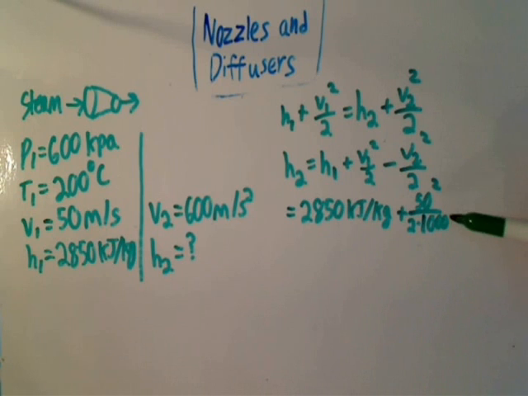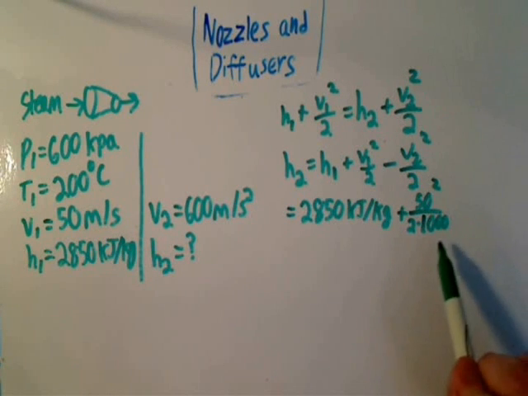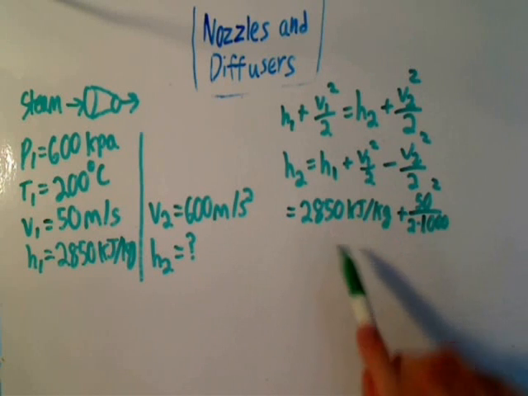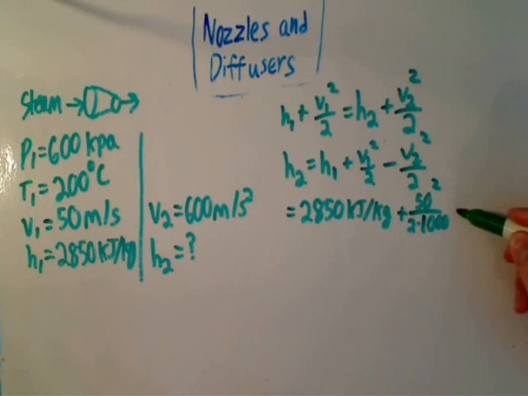The reason why we're dividing by an extra 1,000 is because the 50 is only in meters per second. If we were to find out what energy it would have, the units would be joules per kilogram instead of kilojoules per kilogram, which is the units that we have enthalpy in right here. So this is converting into the same units that we have been using all along, which is kilojoules per kilogram.